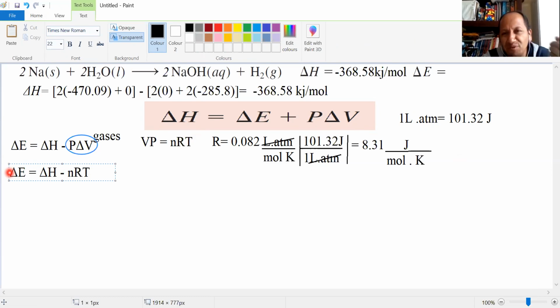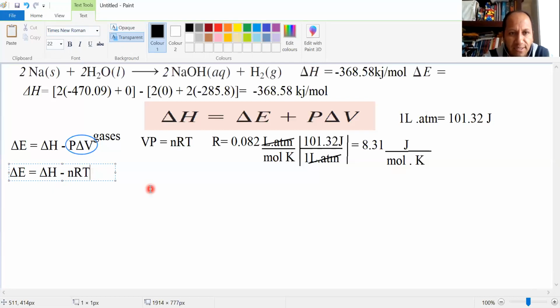As you can see, the number of moles, the R we just calculated, and the T. The number of moles is in moles, R is now in joules over mole times Kelvin, and the temperature is in Kelvin. If you cancel all of that, you have the answer only in joules. Since it's just in joules, make sure you divide by 1,000 to get kilojoules, because the enthalpy was in kilojoules.